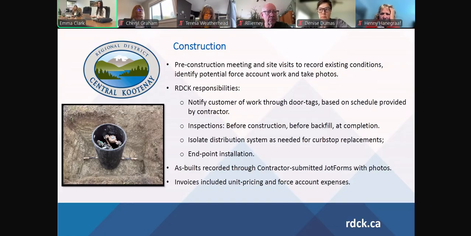A bit more responsibility will be placed on the contractor, but again, we've got a full-time project manager that will be on site to complete a bit more of this record keeping, and then just be the person communicating between operations and the contractor for things such as main shutdowns and other public notifications.